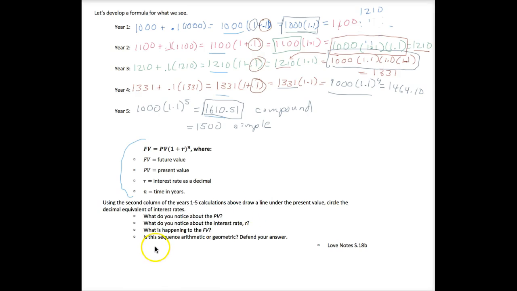So I hope what you notice is that the future value gets greater every time, and it gets greater faster than it did with the simple rate. Is this sequence arithmetic or geometric? Well, because it doesn't go up by a uniform amount, it is geometric. And it's also geometric because it came from a multiplication operation.